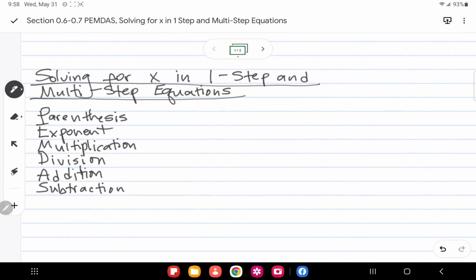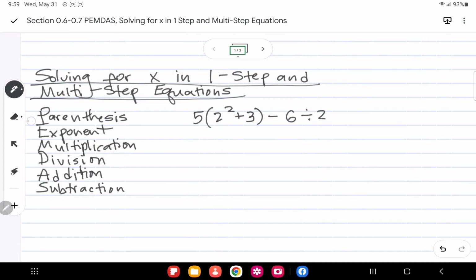Now, when solving a problem such as this, we will need to use this list right here to break down the way we solve it.